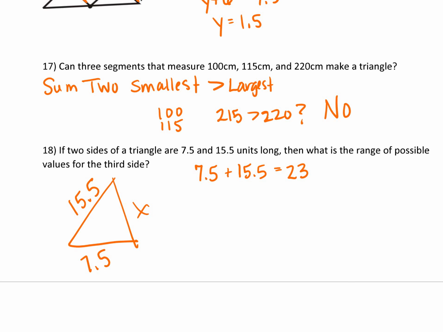That's the high end. And subtract 15.5 minus 7.5, and that's going to equal 8. So the range of possible values is less than 23, but greater than 8. And it looks like that is done.